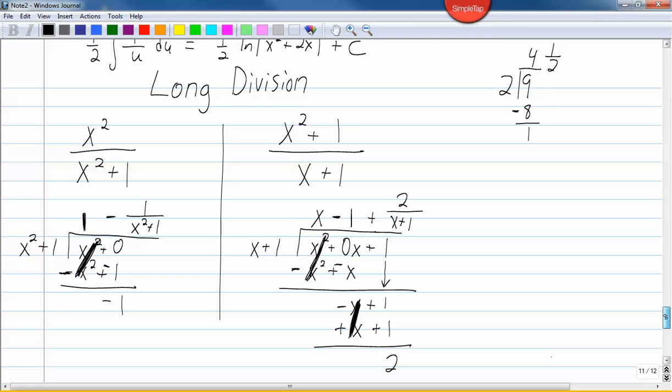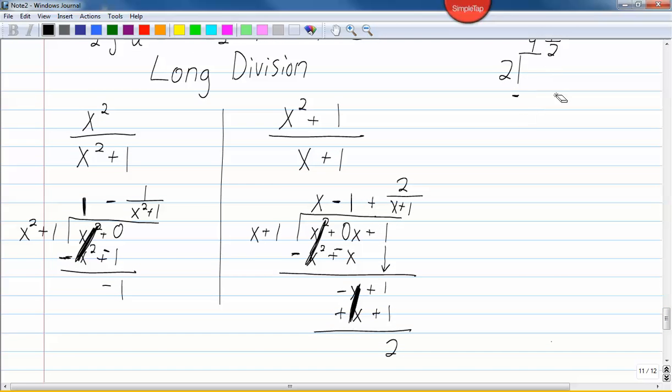So let me show you now where long division in integrals is handy. Let's say that I had the integral of x squared plus 1 over x plus 1 dx. Notice that the power on the top is the same or higher, which in this case is higher than the power on the bottom.